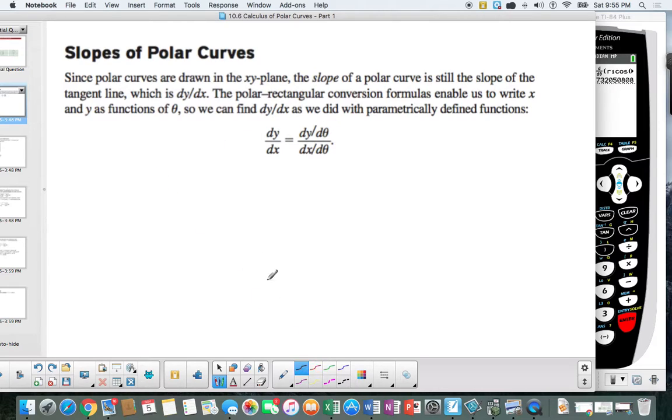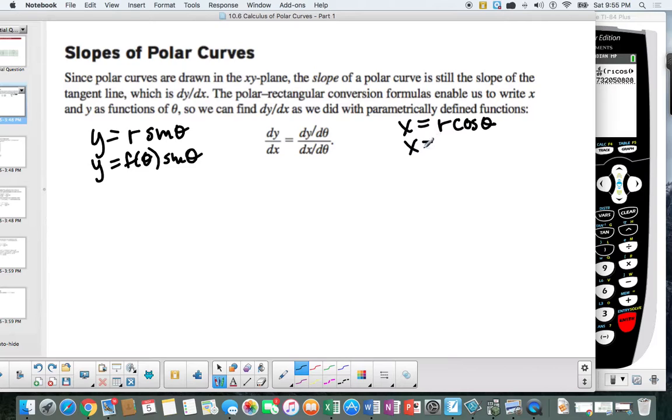Let's go ahead and remember that y is equal to r sine of theta and x is equal to r cosine theta. Now remember, r is a function of theta. Now when I take its derivative in terms of theta, dy d theta, I'm going to have to use the product rule.